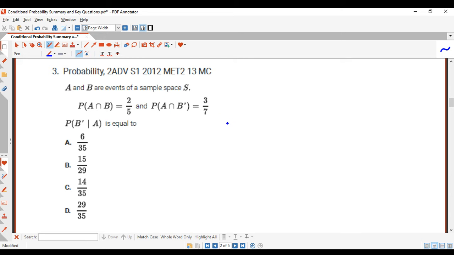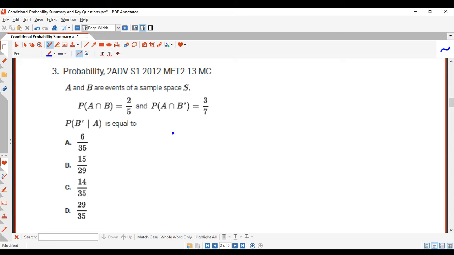We're going to do that by drawing a picture and using the formula. It says A and B are events of a sample space S, and we're given the probability of A and B occurring, and also the probability of A and not B occurring. This little dash means not B, the complement of B. We're going to work out the probability of not B given A has occurred.